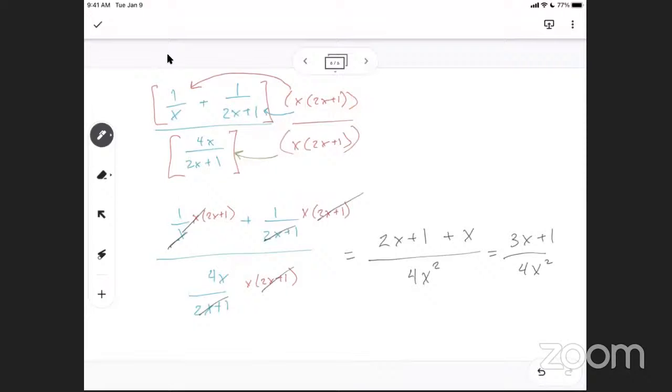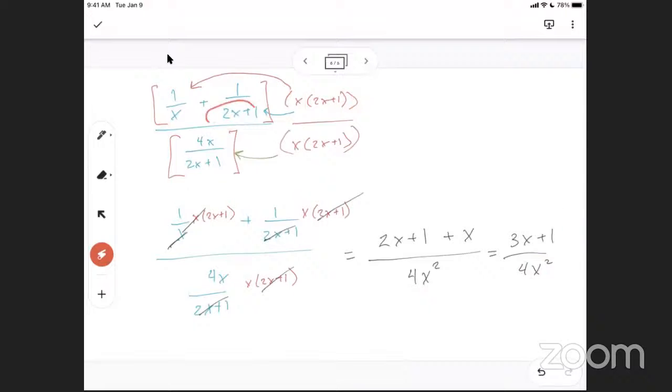What did you get rid of originally? What do you not have anymore that you originally did have, and you have to put that as a restriction? 2x plus 1. You had a 2x plus 1 and you had an x, which are no longer in here. Well, the x is still in here, right? 4x squared includes an x. So you don't actually have to say that x cannot equal 0 because you can tell x cannot equal 0 still.